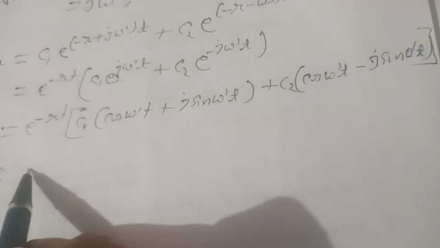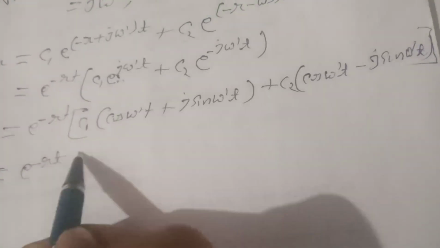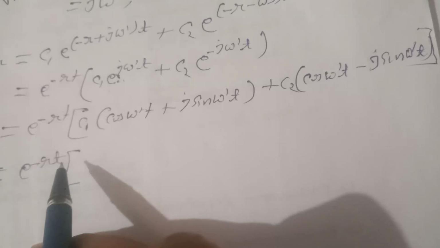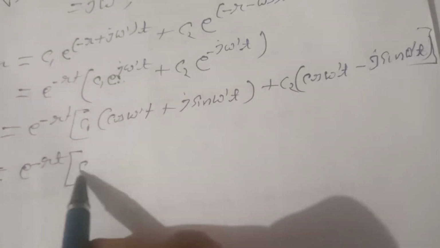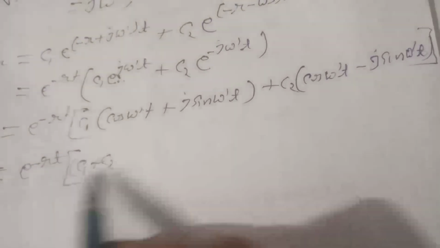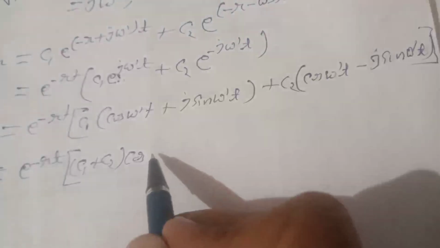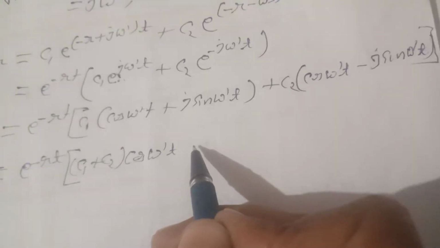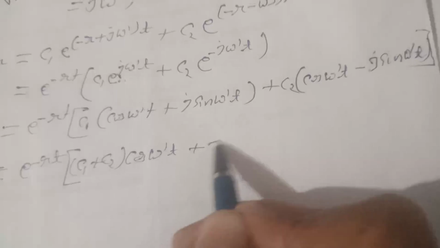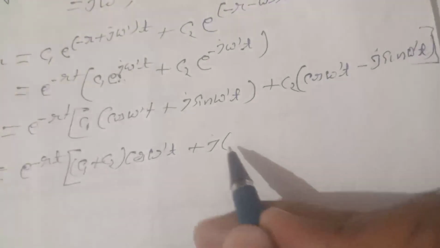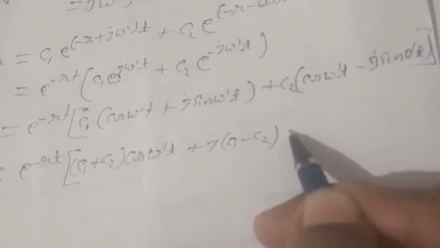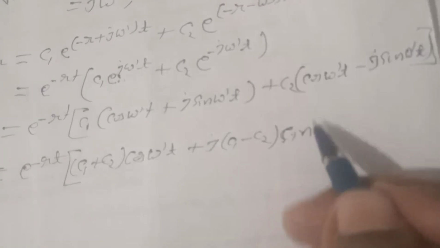From De Moivre's theorem, we know that. So finally it can be written as e to the power minus rt, and solving it, c1 plus c2 into cos omega dash t plus j into c1 minus c2 sine omega dash t.